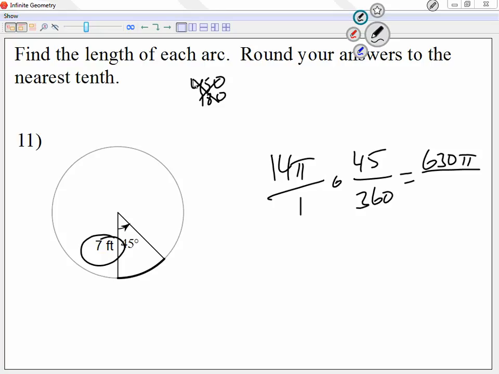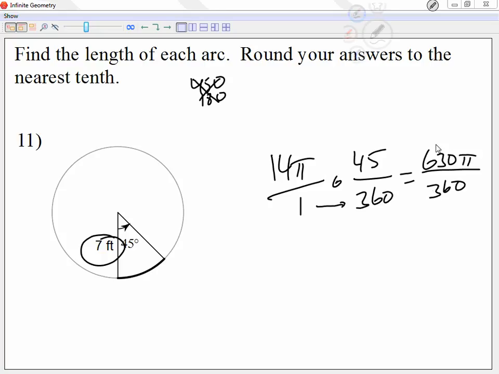Let me do this without simplifying. I just went across 14 times 45, and at the bottom, 360, because 1 times 360. You can cross out zeros and simplify your numbers if you want to. I'm just dealing with no simplifying.